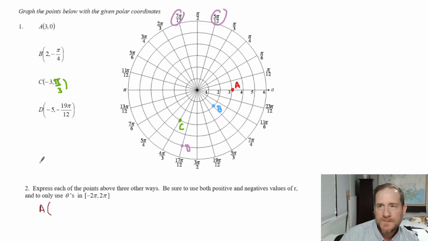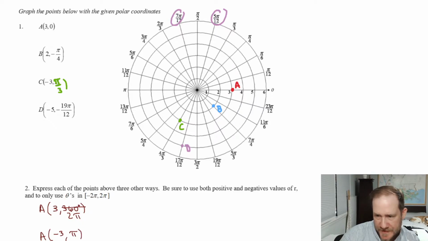Not really. So instead of 0, we could of course just say 360. And that would be technically a different point. Although if we're sticking to radians, you would of course say 2 pi instead. You could always change the radius to be -3 and then give the opposite pointing angle, which would be pi.